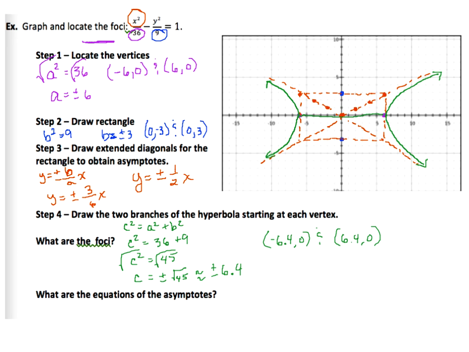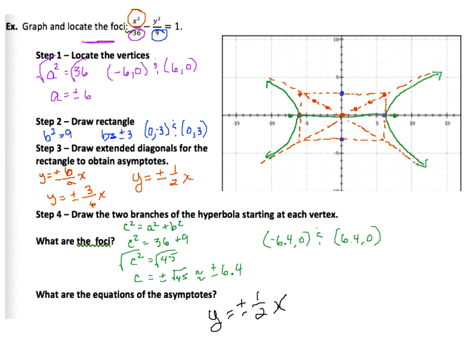So right here, 6.4, maybe about right here, and here. What are the equations of the asymptotes? Luckily, we've already done that work. Y equals, now in my math lab you'll have to split them up into 2 equations, but I'm just going to write positive negative 1/2 x.